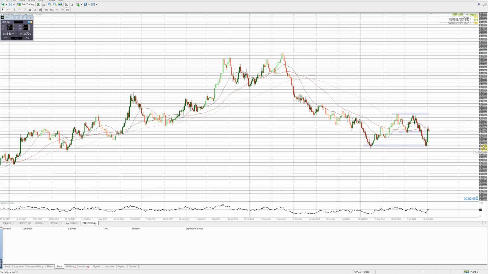It has reached support area around 1.27 this Friday, this past week, but has encountered a rejection candle at resistance or support 1.295 levels.